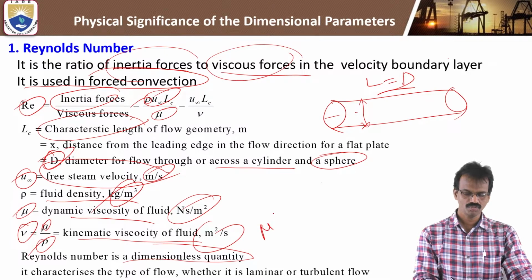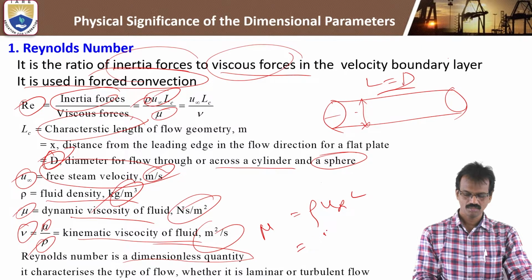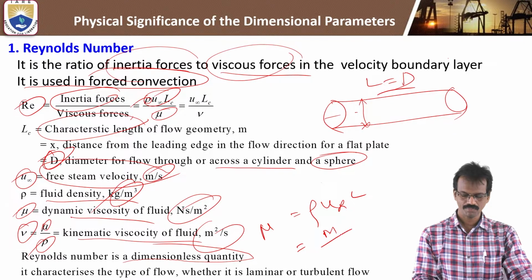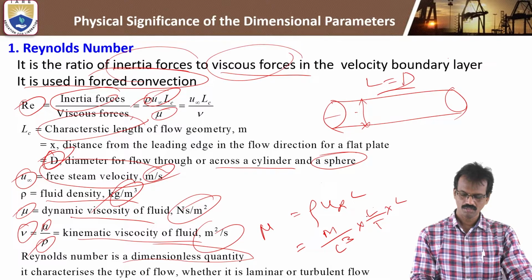It means the units of mu are equal to the units of rho U L. Rho is mass upon volume, U is length upon time, and times length, so the units are M L to the power minus 1 T to the power minus 1.